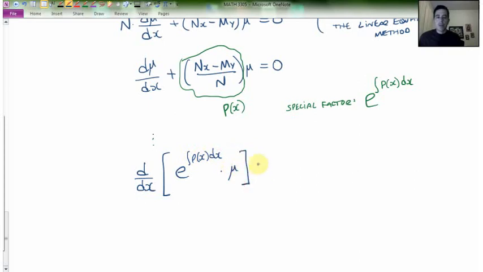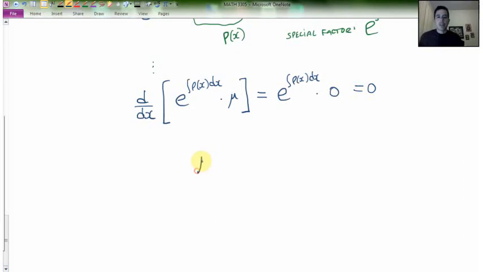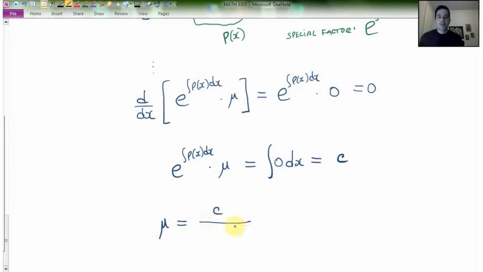We're solving for mu here. And then here is e to the integral times the right hand side, which is 0, so that becomes 0 anyway. Okay, so this becomes 0. So mu is, well, we integrate, right? e to the integral p of x dx is integral of 0, which is a constant. Okay, so that means mu is a constant divided by e to the integral of p of x dx.